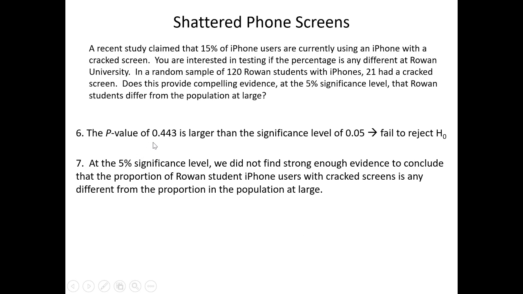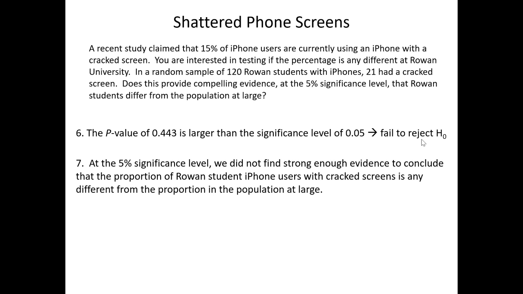All right, so our p-value, how does it compare to the significance level? We finally have a problem where this p-value is larger than alpha. 0.443, clearly a lot larger than 0.05. So the decision is we should fail to reject the null hypothesis.